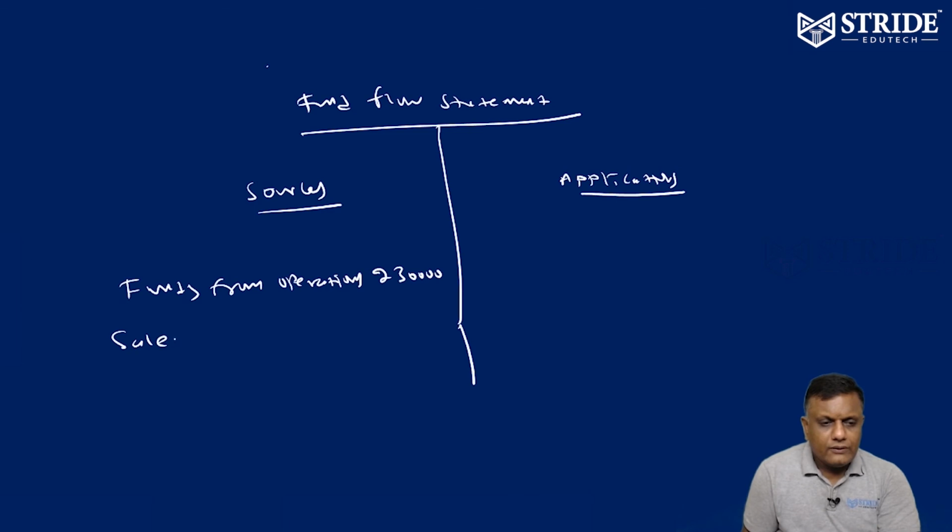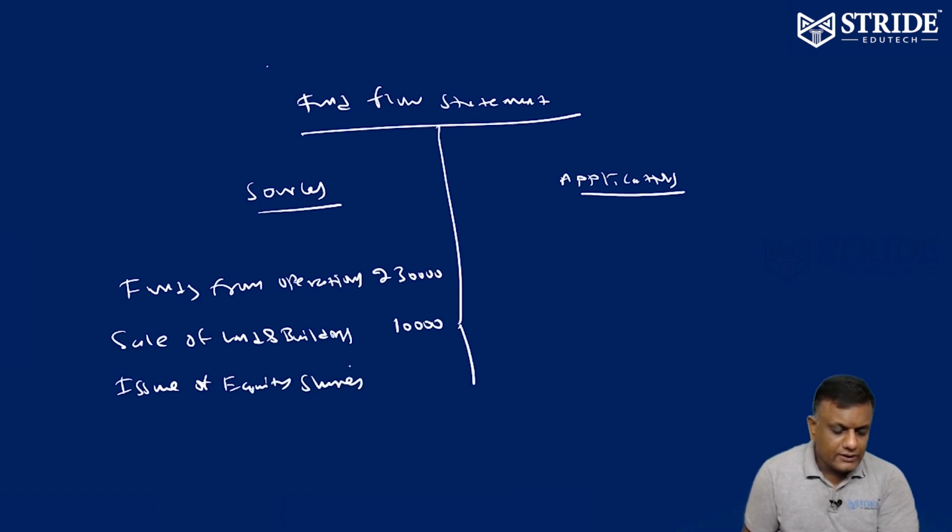Right. Sources, we sold land and buildings. Sale of land and buildings 10,000. Right. Issue of equity shares from 3 lakhs to 4 lakhs, so issue of equity shares 1 lakh.